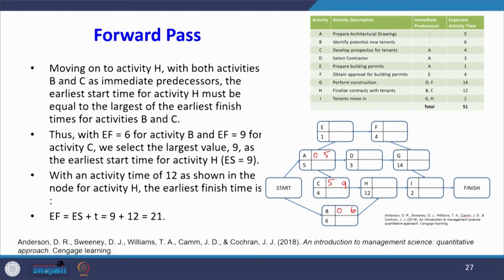So we select the larger value between 9 and 6. 9 is larger, so 9 will be your earliest start time for activity H. So, 9 plus 12, which is 21, will be your earliest finish time.